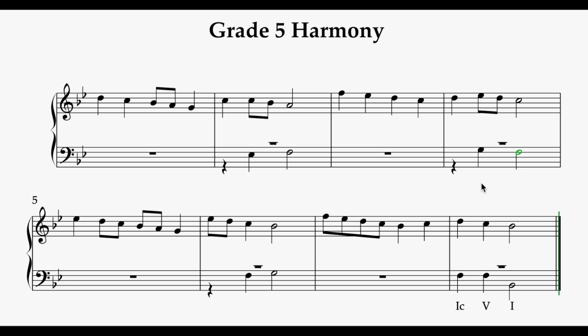So that'll give me a bit of variety there. All right, so with cadences outlined, I might start at the beginning and now work my way through. And again, completing the bass line first.